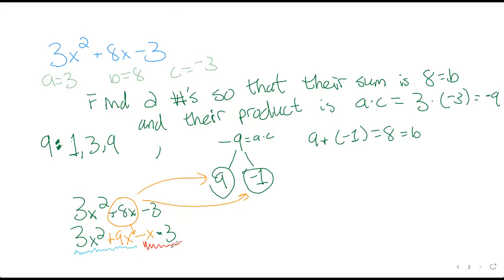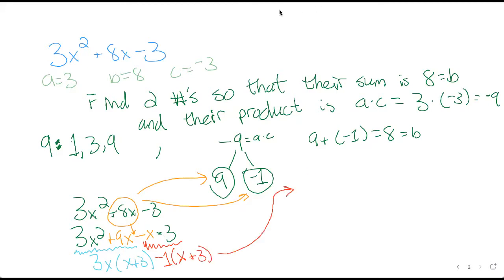Now we factor by grouping. With 3x squared and 9x, we can factor out a 3x, and we'll get x plus 3. With negative x minus 3, a minus 1 is in common, so we take out a minus 1 and get minus 1 times x plus 3.